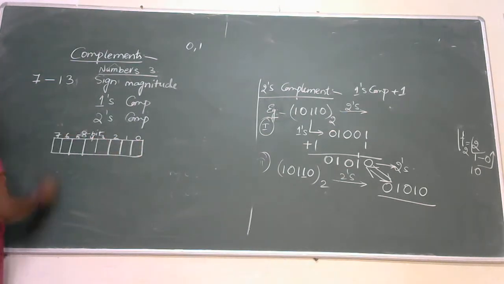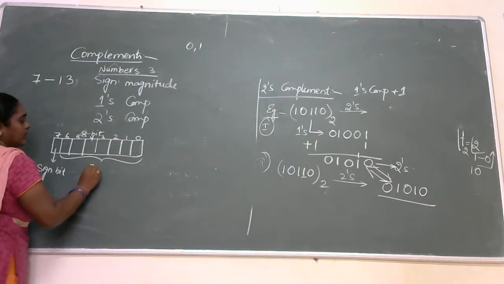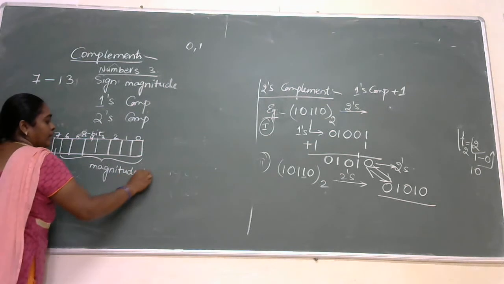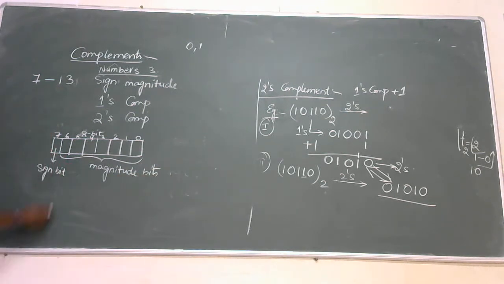Among these 8 bits of information, the MSB, that is the most significant bit, represents the sign bit, and the remaining bits represent magnitude bits. If I want to represent a positive number, this sign bit should be 0.